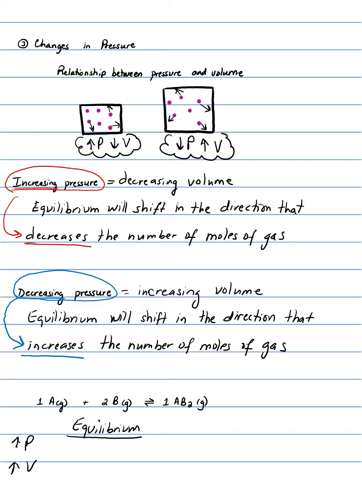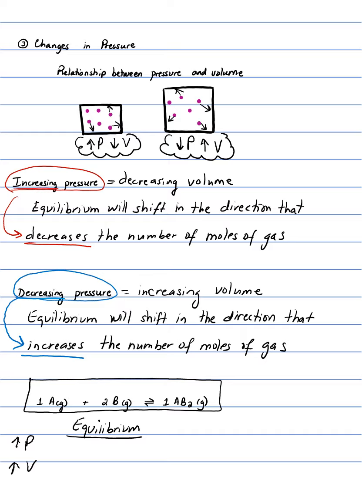So let me do this example here. I have my reaction, 1 mole of A, everything is a gas, 2 moles of B, and what is being formed is 1 mole of AB2. So I'm looking at two changes here. Increasing the pressure of my container. Remember, all of this is in the same container.